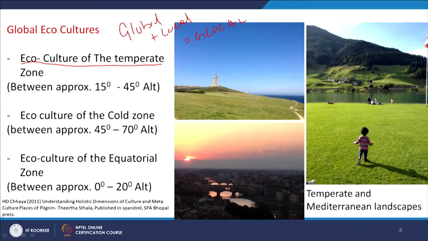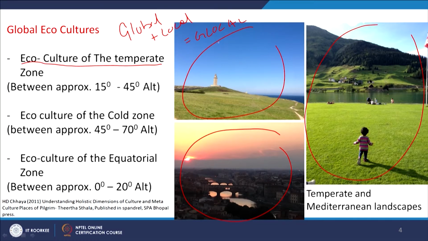Like you can see from these photographs, in the temperate climates, the landscape, the types of species of trees and what kind of climates exist. And similarly in Florence, where the whole setting is Mediterranean climate, and similarly in Spain and similar Mediterranean countries.